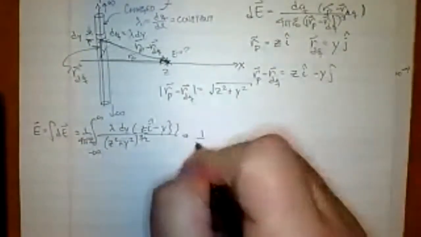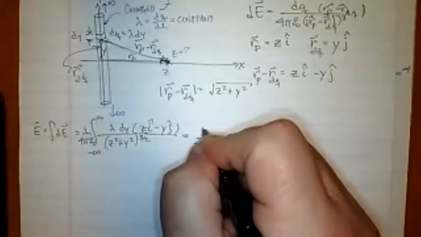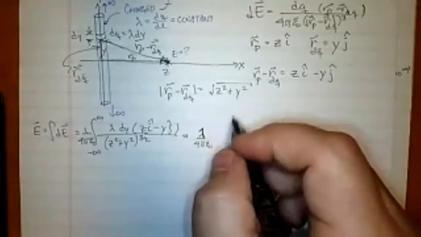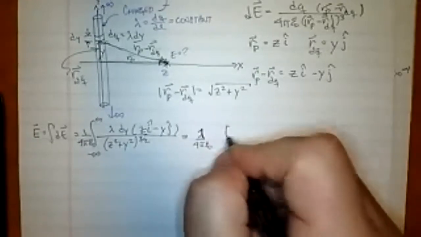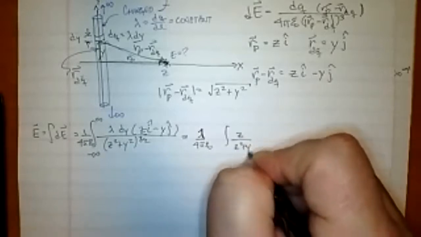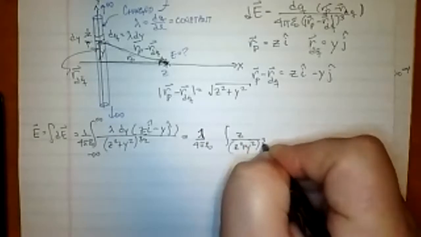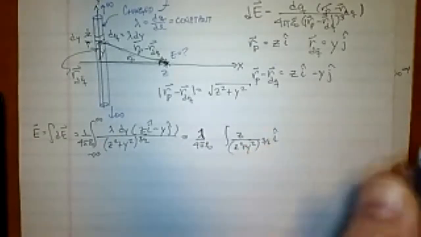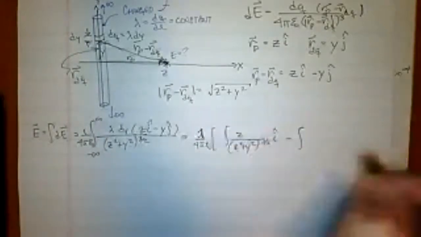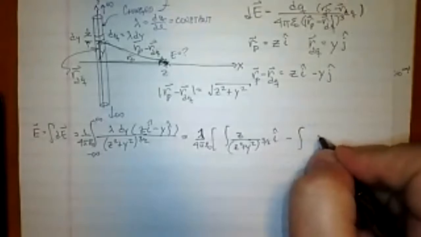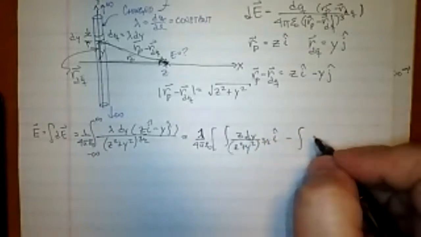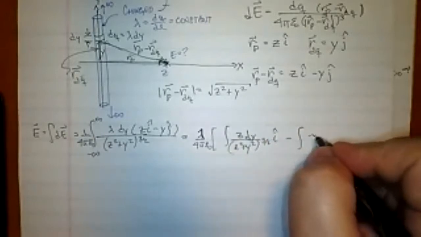So this ends up becoming 1 over 4 pi epsilon naught. Actually, let's go ahead and write the lambda in there. Lambda over 4 pi epsilon naught times the integral of z over z squared plus y squared to the 3/2 dy, i hat, minus the integral of, and actually this was supposed to be dy, this one will be minus y dy.